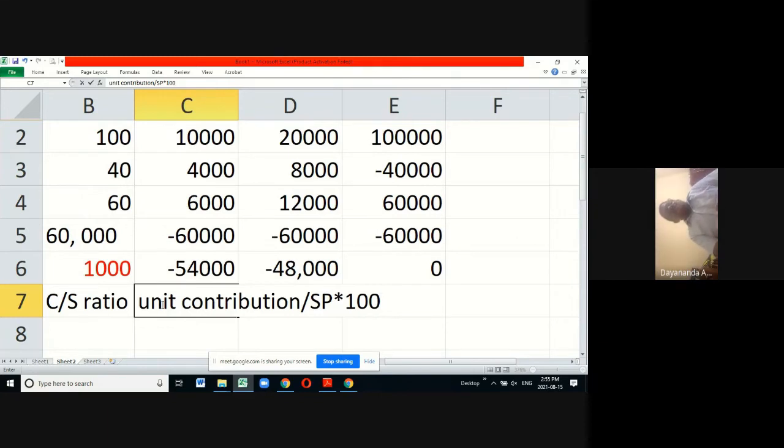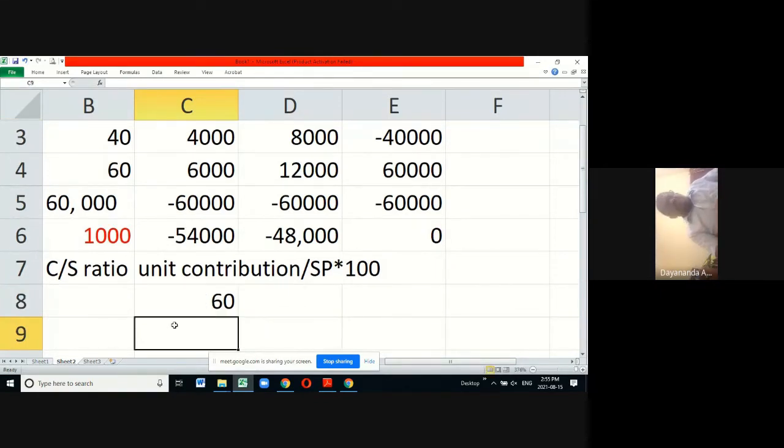It's called the CS ratio. Here, 60 rupees is the contribution per unit, divided by 100 rupees, multiplied by 100. That is of course 60%.